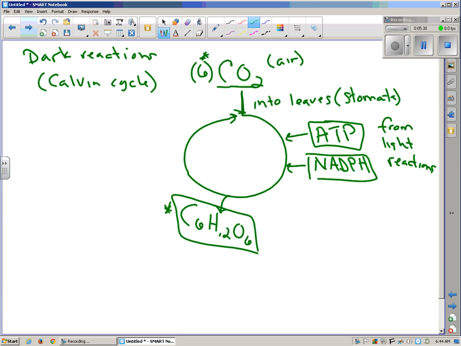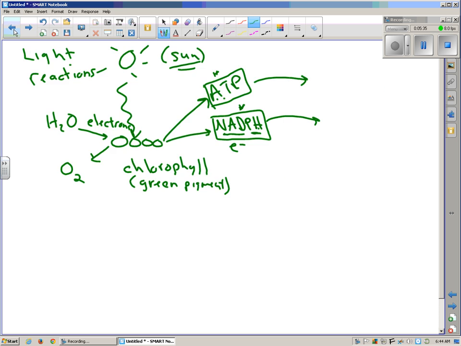That is photosynthesis. What a plant does, to review, is it takes the energy from the sun, which I have shown here in the green line. Chlorophyll absorbs that energy and uses it to make those two energy packets.